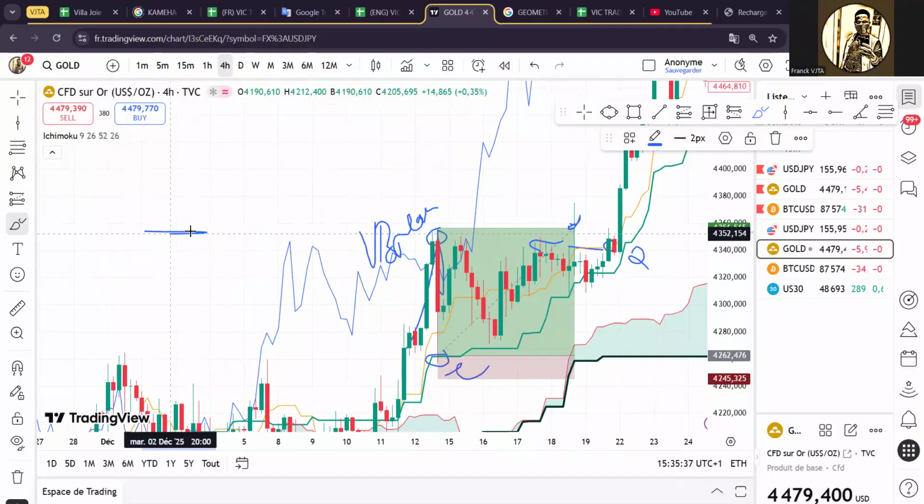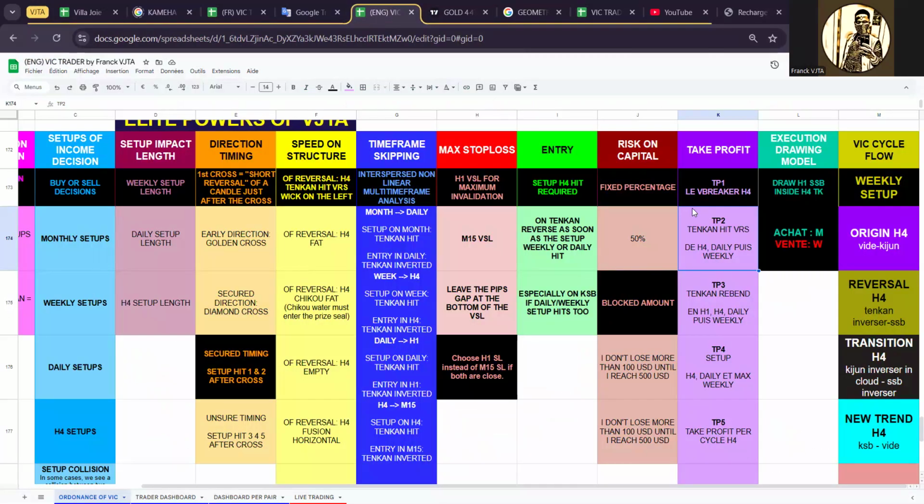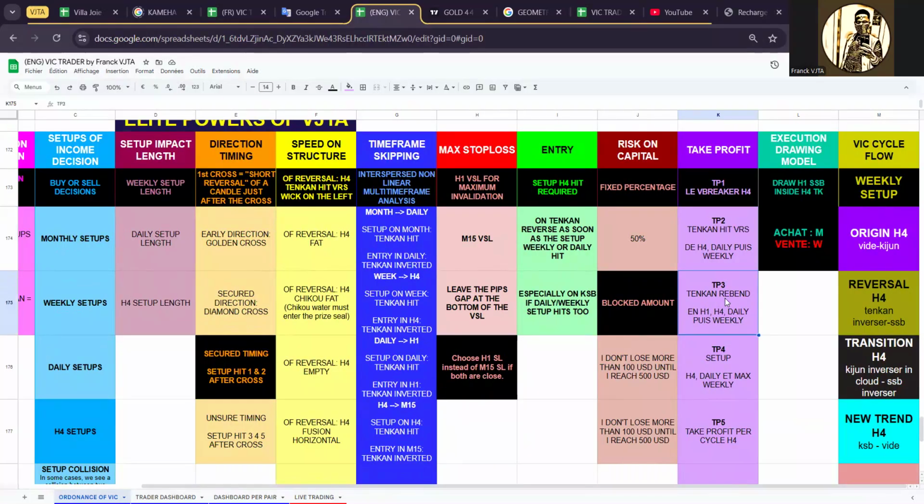For me, a take profit doesn't mean that TP2 is above TP1, then TP3 is above TP2. That's not what I mean. I mean that I'm giving you a style, a take profit play style, right? So the next take profit will be Tenkan hitting VRS on 4-hour, daily, then the one that hit on weekly.